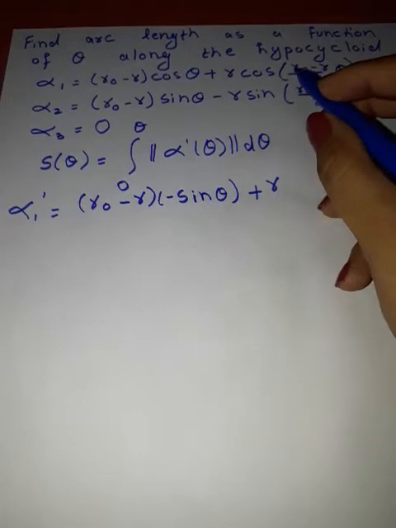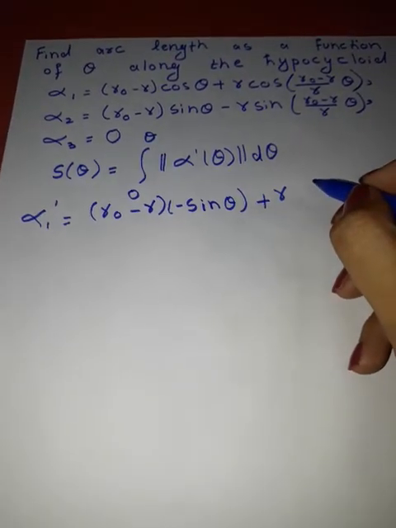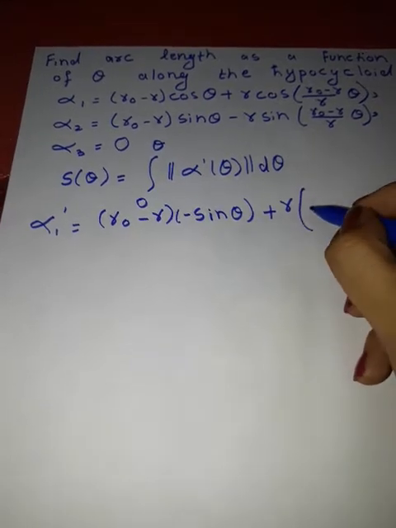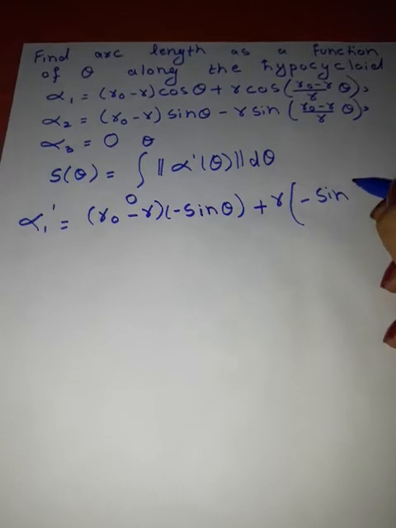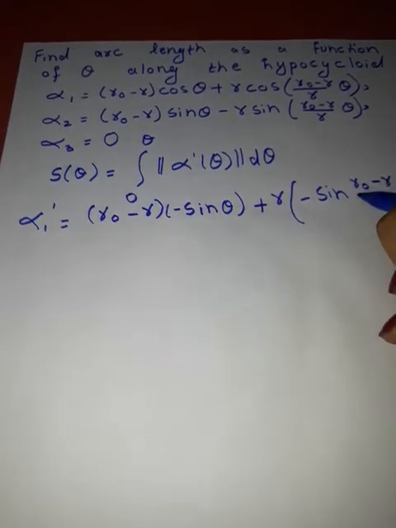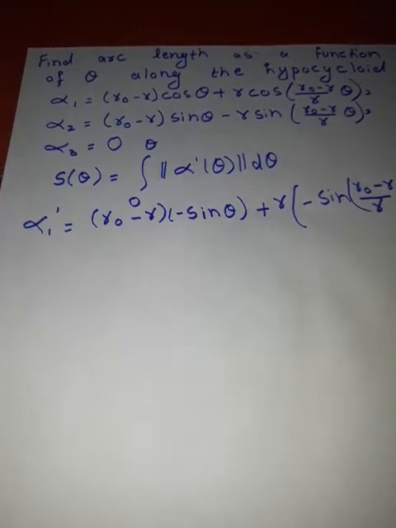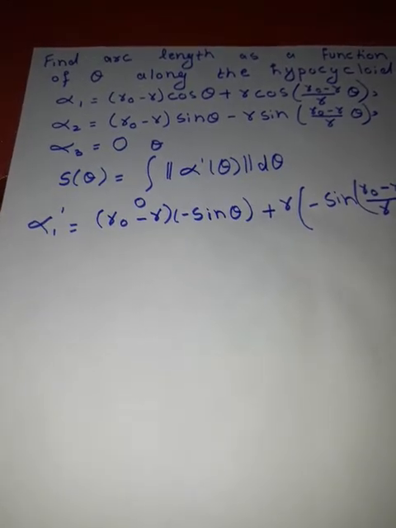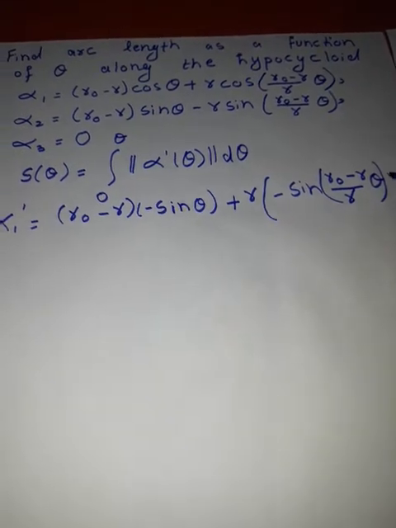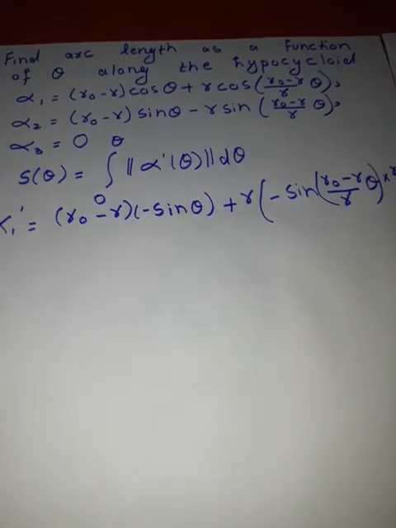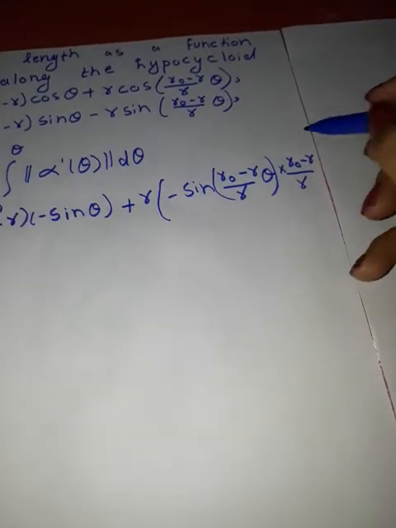Derivative of cos((r naught minus r)/r times theta) is minus sin((r naught minus r)/r times theta) into the derivative of (r naught minus r)/r times theta, that is (r naught minus r)/r.